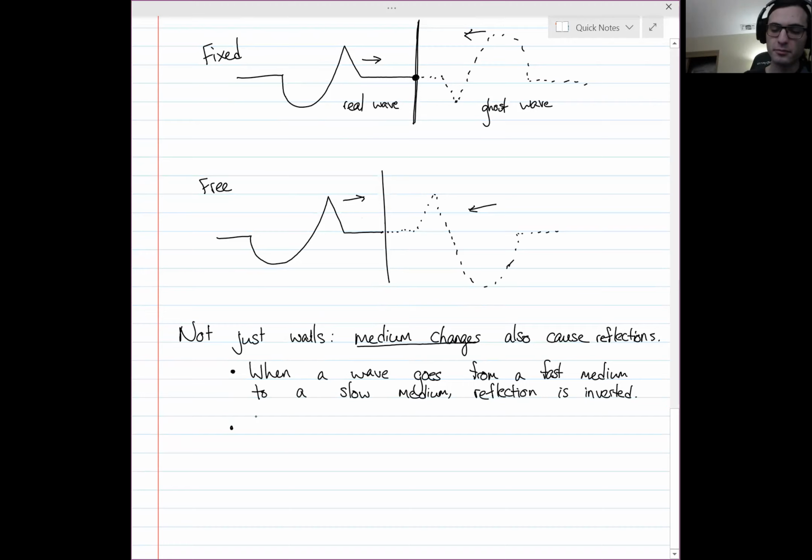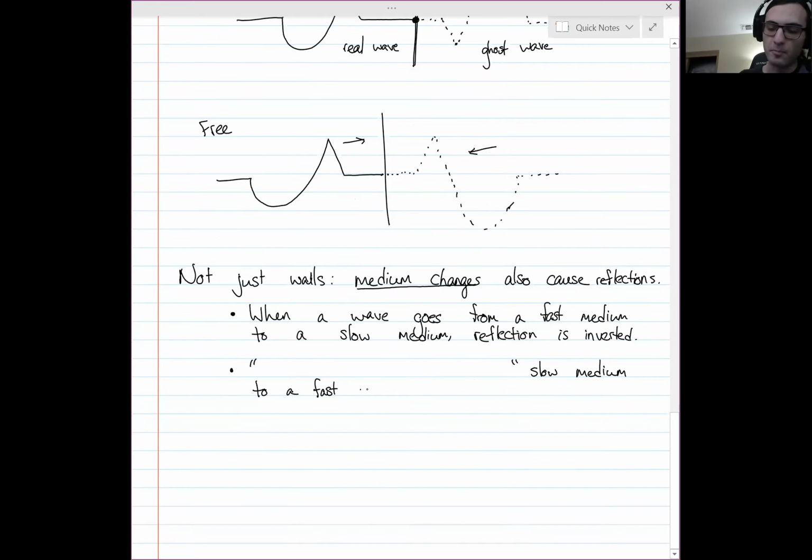Alternatively, when a wave goes from a slow medium to a fast medium, and when I say fast versus slow, what I mean is one wave speed being faster than the other, the reflection is not inverted.